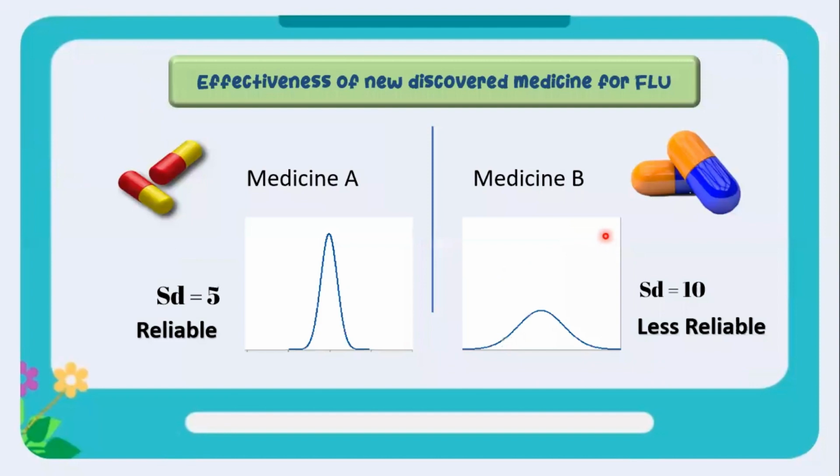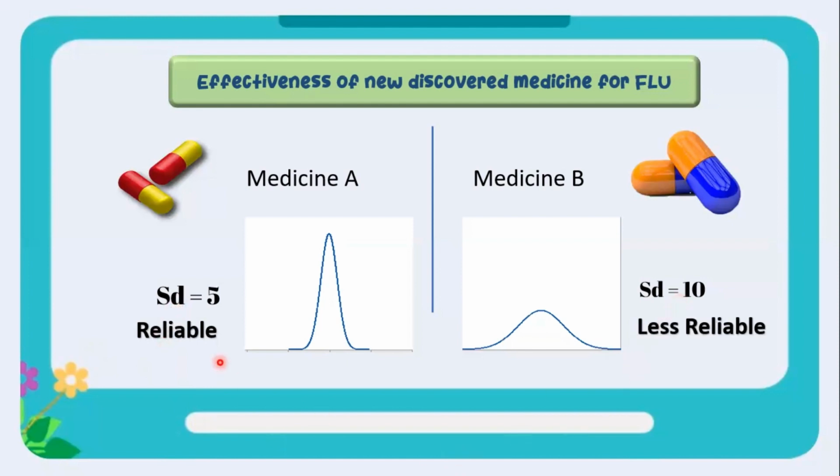Another example, let us say that a doctor studies the effectiveness of a newly discovered medicine for flu. Let us say that medicine A and medicine B are given to a sample of people to test their effectiveness. As a result, the SD of medicine A is 5 and the SD of medicine B is 10.